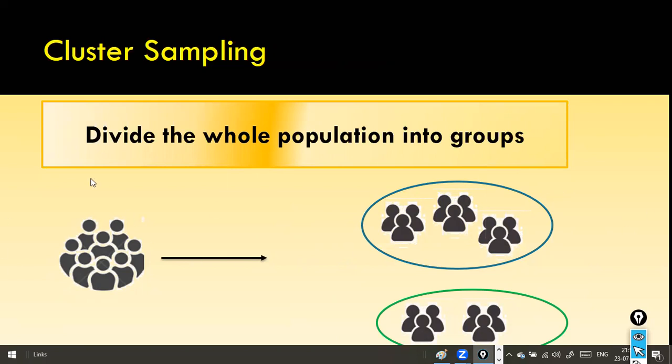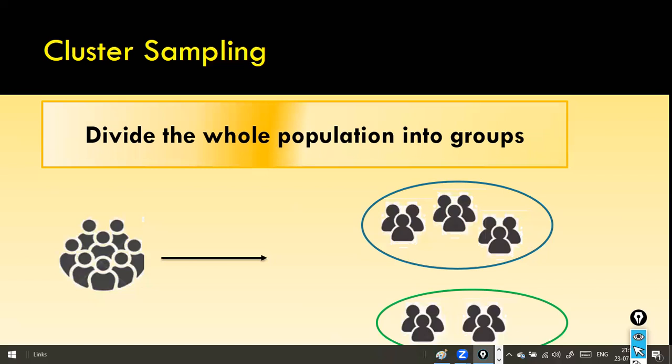Okay, this is not the correct example in this case. What we will do is take high school students in a large city.